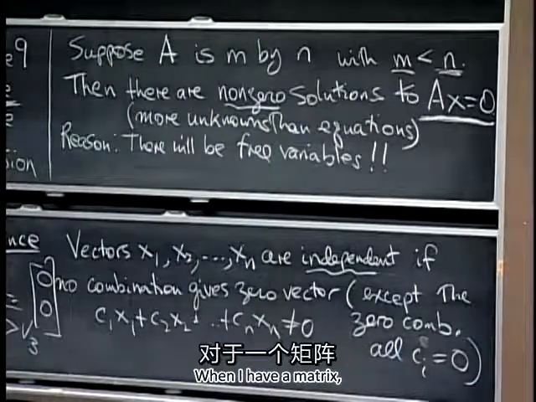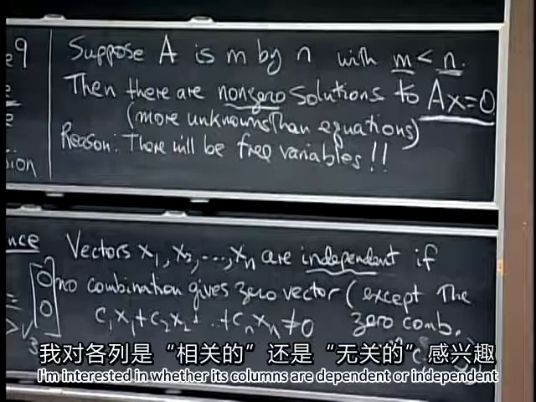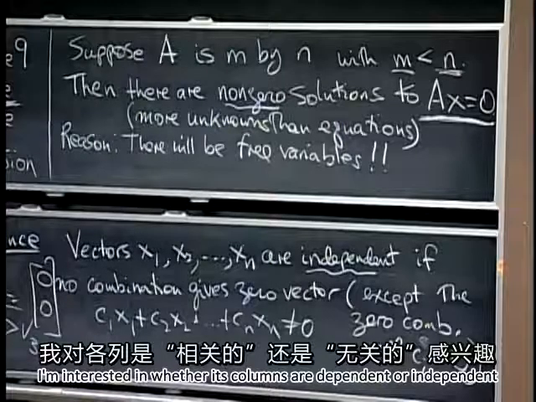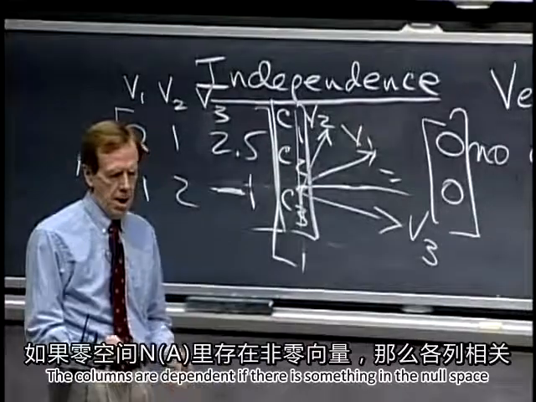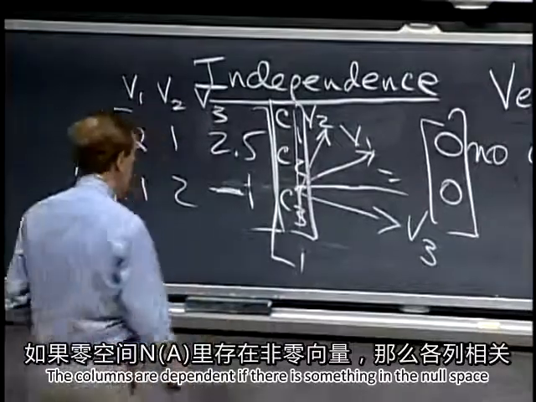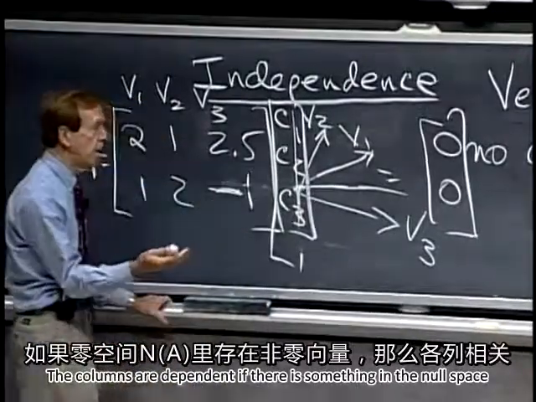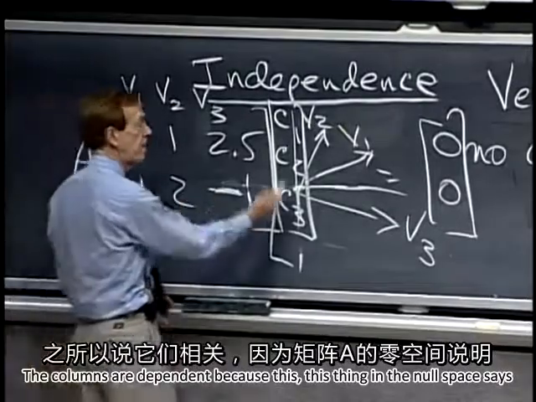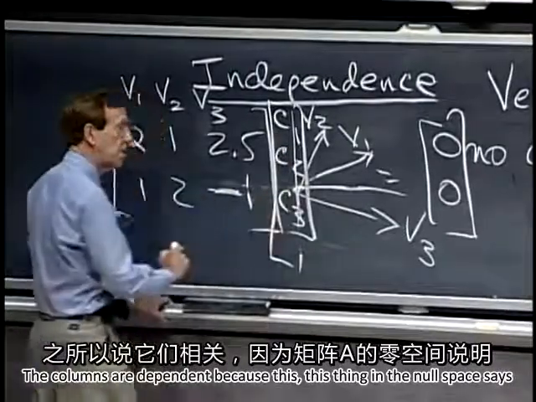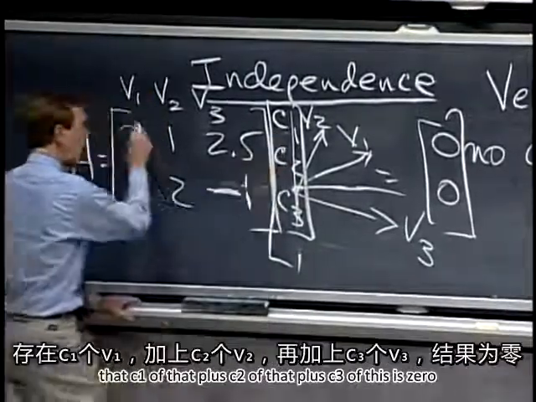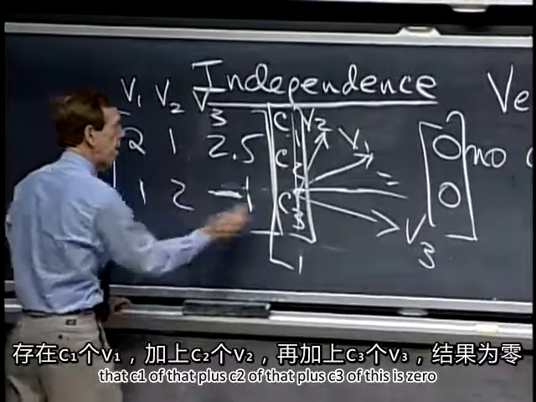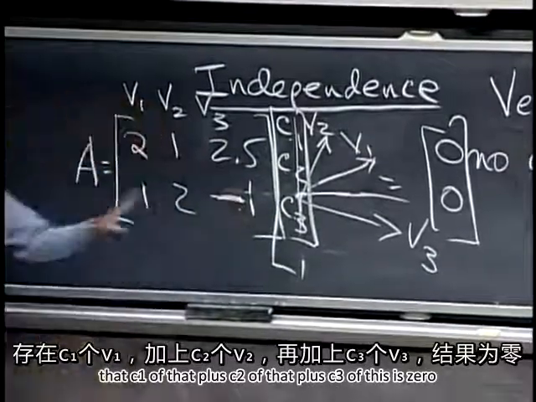When I have a matrix, I'm interested in whether its columns are dependent or independent. The columns are dependent if there is something in the null space. The columns are dependent because this thing in the null space says that c1 of that plus c2 of that plus c3 of this is 0.